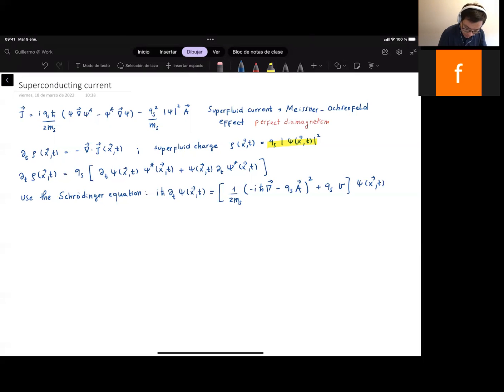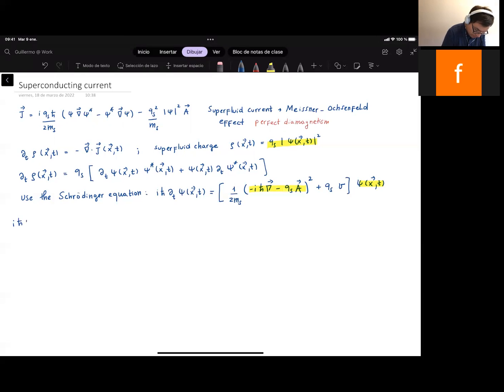So indeed, you have to be careful here because this is an operator that should act on the wave function. Okay. So I mean, this is a bit tricky sometimes, so I prefer to show the calculation.